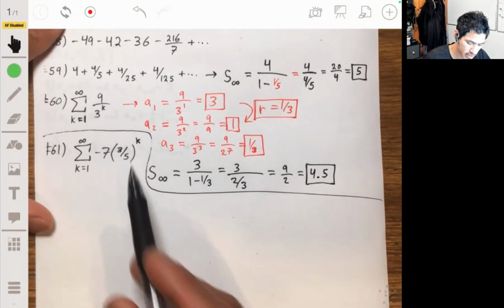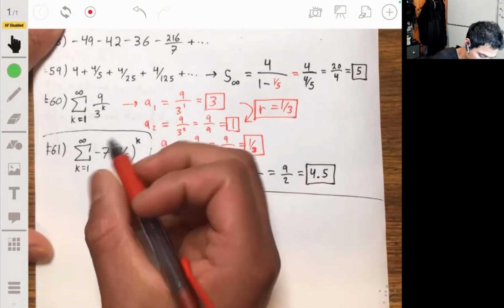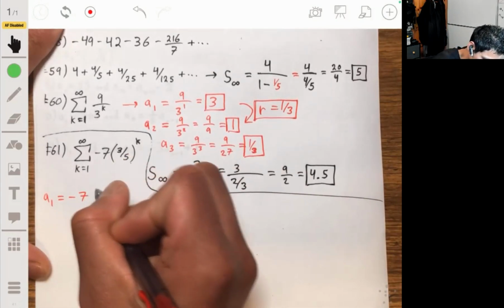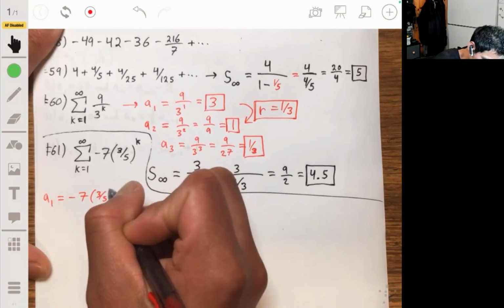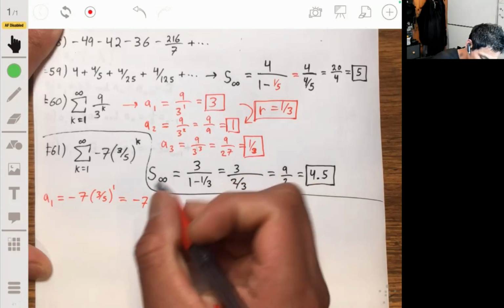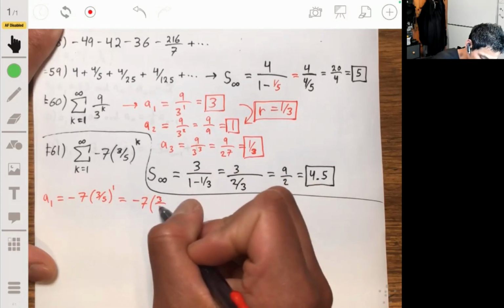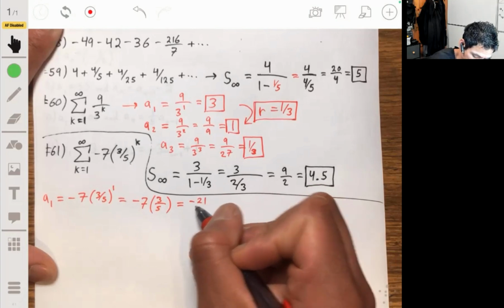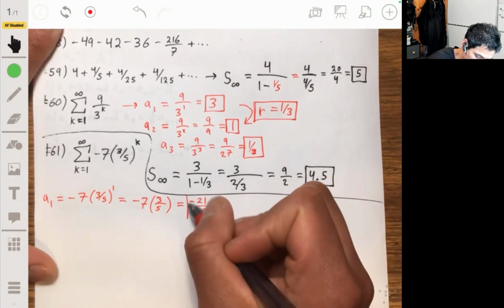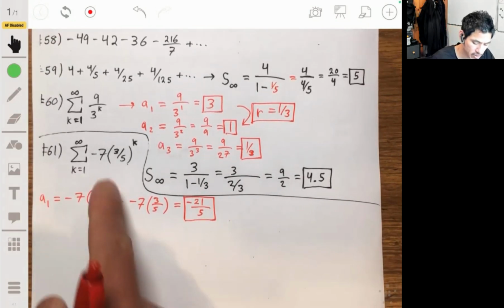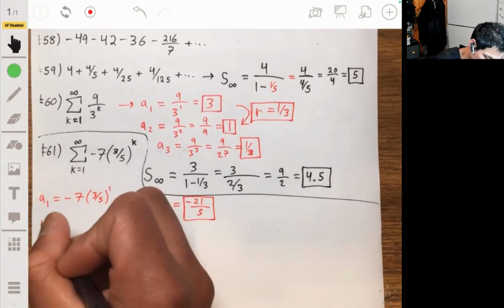And for the last guy here, A1 will be plugging 1 into k. We get -7 times 3/5 to the 1, which will be -7 times 3 over 5. It'll be -21 over 5. R is just going to be that 3/5.